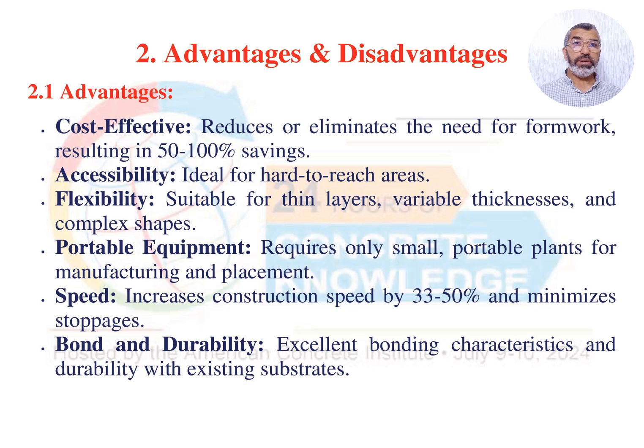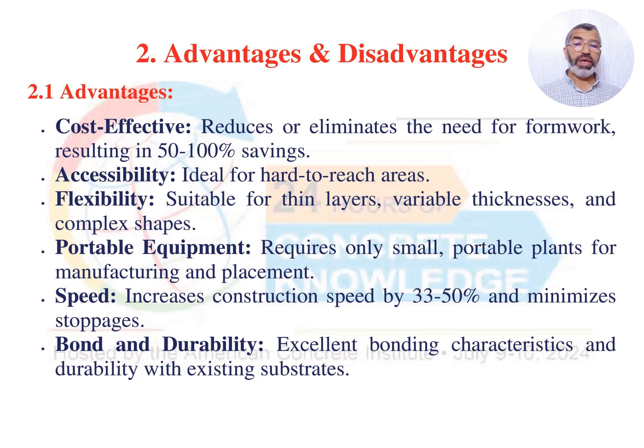Also, the Shotcrete process is ideal for areas which are hard to reach. Also, Shotcrete gives flexibility, that is, it is suitable for thin layers of concrete, variable thicknesses, and for complex shapes that cannot be done using conventional concrete casting.